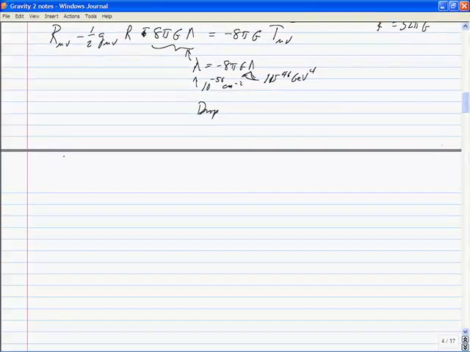For the curvature, we're going to expand g mu nu as eta mu nu. Actually, let me do it completely right: eta mu nu plus h mu nu. That's going to be our definition of our gravitational field.